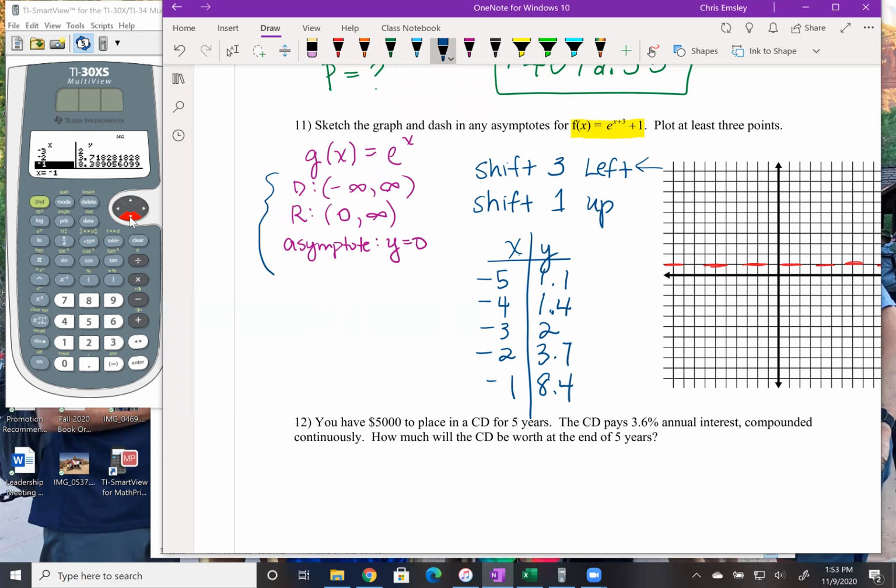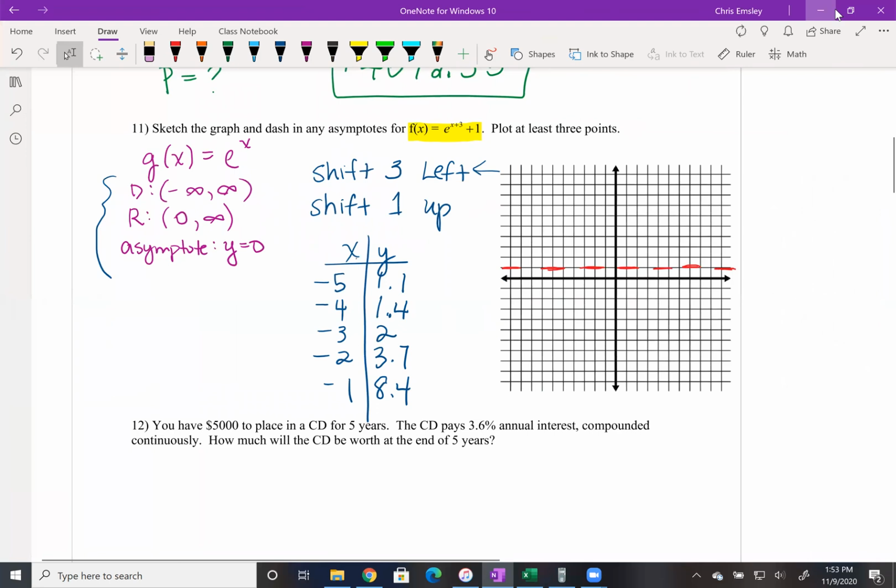So I can go ahead and take all those points and plot them on my graph. -5 and 1.1. So that's pretty close to 1. It's not going to touch that asymptote, but we're getting close. -4 and 1.4. Just do your best to estimate with these decimals. -3 and 2. -2 and 3.7.